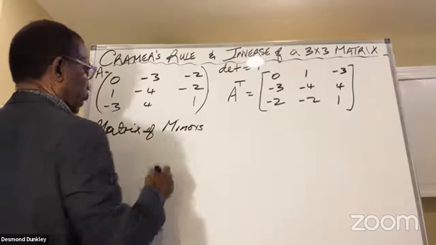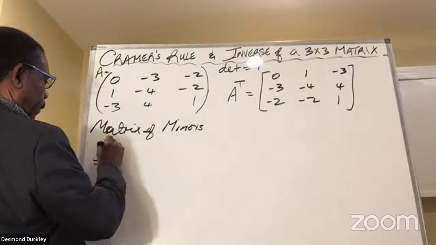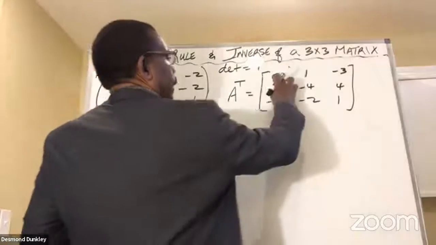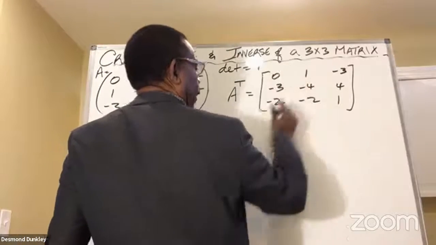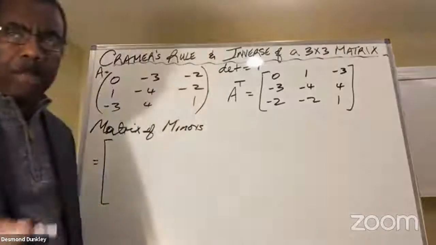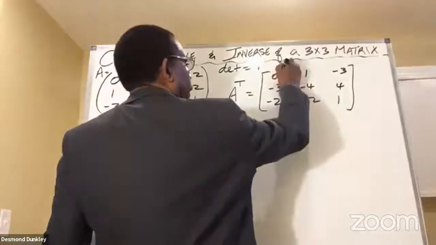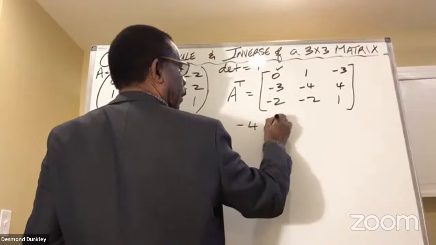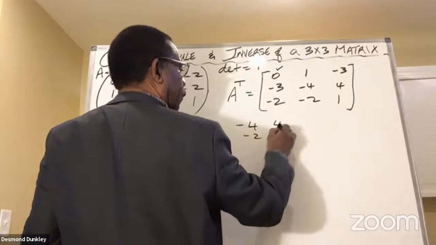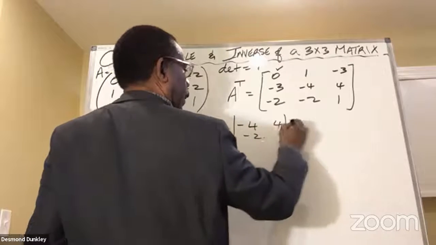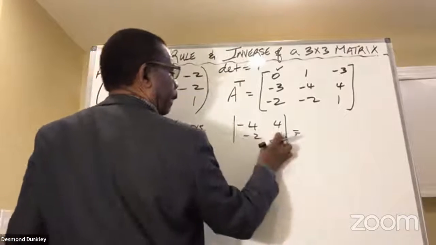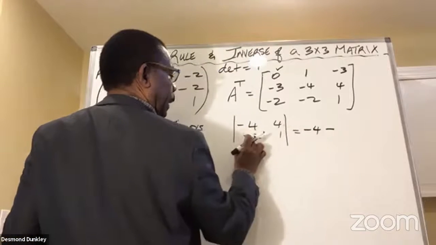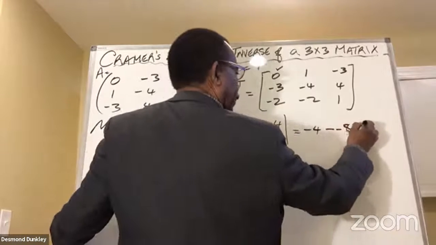Matrix of minors is going to be equal to, okay, so here we go. So when I take this one, I'm going to need the space, so I'm going to show what happens. Cross out this, cross that out, so I'm left with -4, 4, -2, 1. So -4 times 1 is -4, minus 4 times -2, which is negative 8.